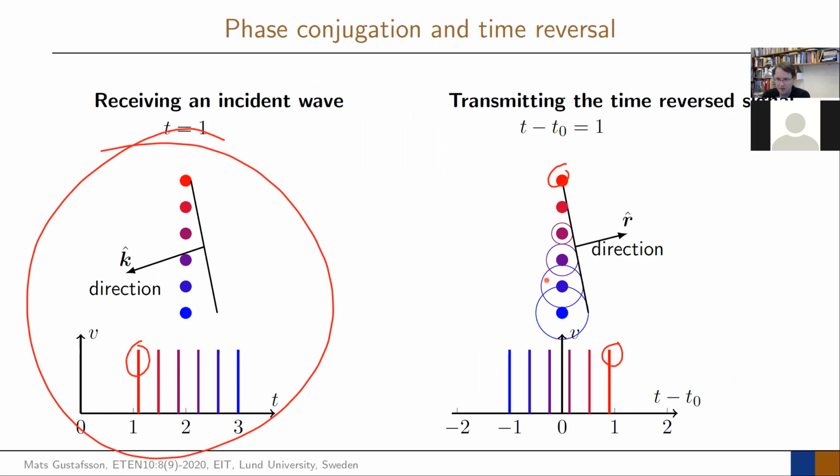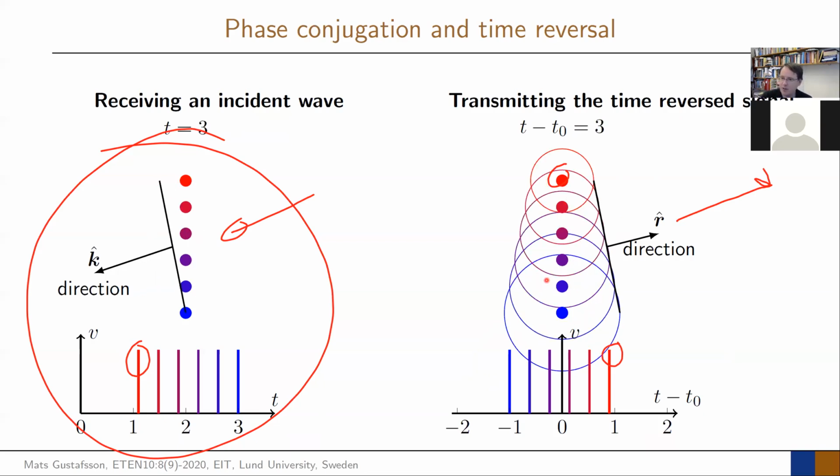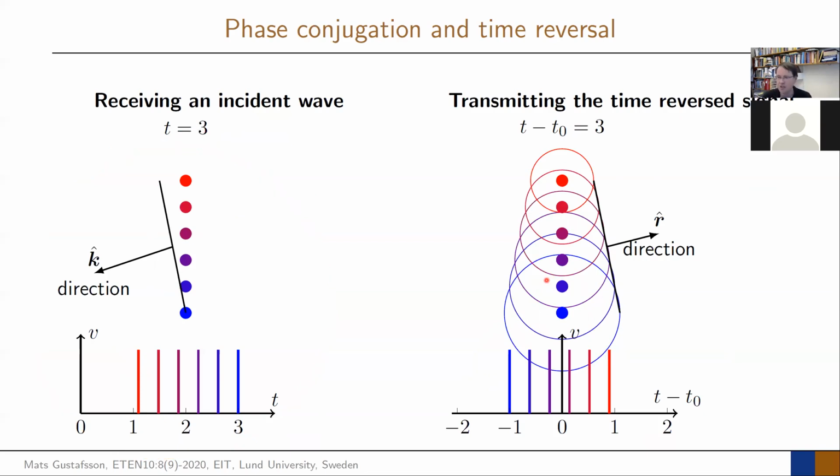How I transmit it is I send first a signal from the blue and then later from the red. And then I get the direction here to go back to where it came from. It came in from that direction. I transmit in the same direction back. This is time reversal or phase conjugation, how you send it. And if I do that, I make it propagate in the direction back towards the receiver.